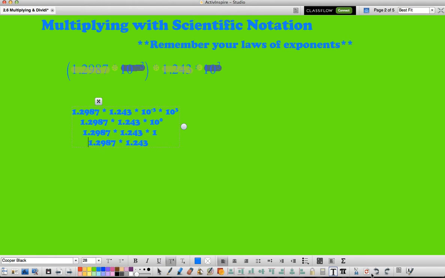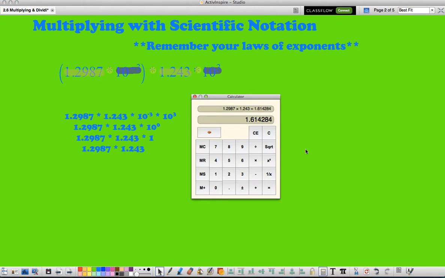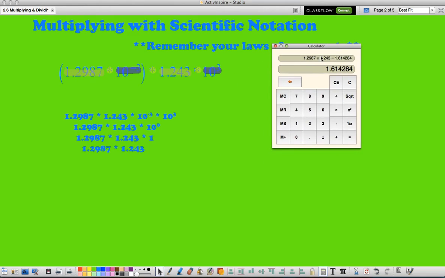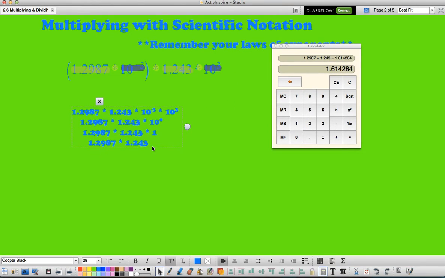So now all I have to do is multiply my decimals. And to make this go a little bit faster, I'm going to go ahead and use the calculator. And when I do that, I get 1 and 614,284 millionths. Since I have no exponents left and no powers of 10, I don't have to do any changing.